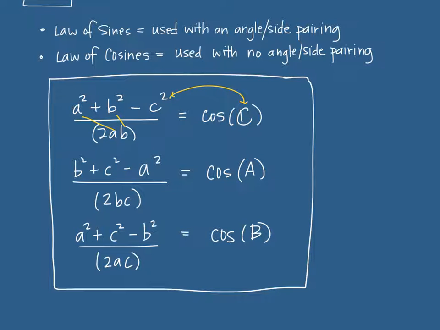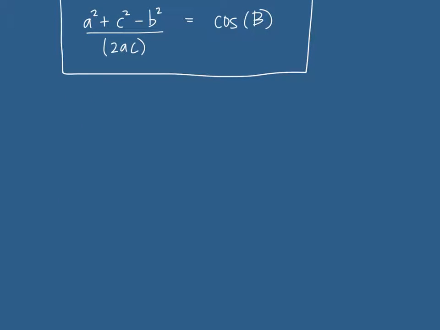So if you have angle A, then you're going to use the version that has angle A in it. If you have angle B, we'll use the version that has angle B. All right, so let's practice this. Again, you use this when you don't have a possible pair. So let's say that the problem you're given looks like this. So I'm going to set it up like we have been.